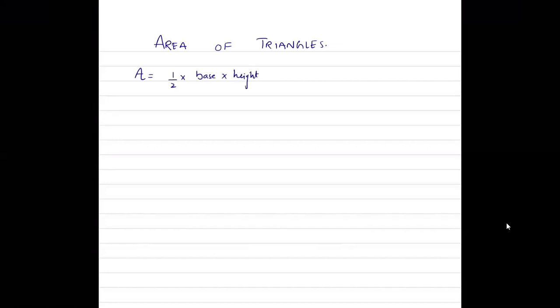So if you have a right angle triangle and you know the base and the perpendicular height, then you can use this formula to calculate the entire area of this triangle. But mostly you have used this when you have a right angle triangle.